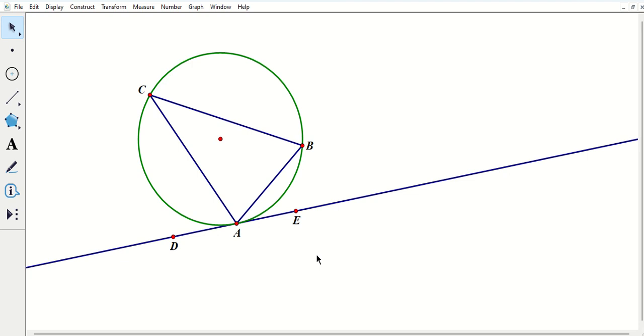I have a tangent and two chords, and the tangent, I can call it DE, forms an angle with chord AB, and that's my small angle there.